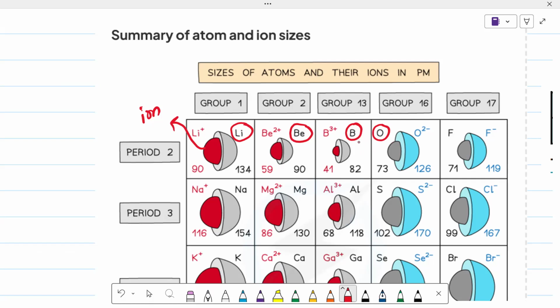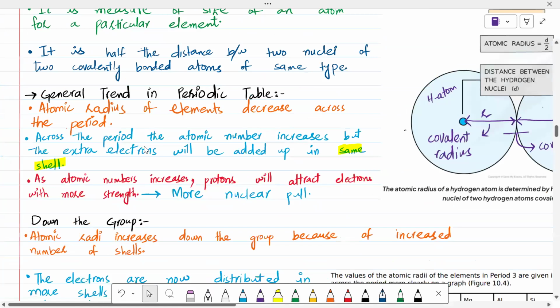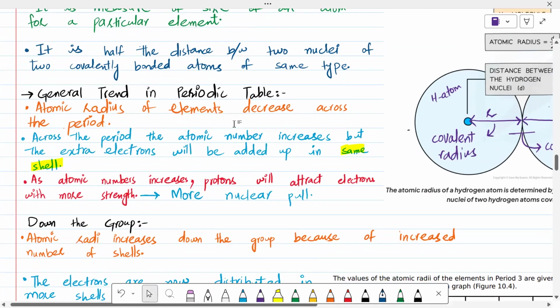We have discussed atomic radii across the period. It decreases. Atomic radii decreases across the period, isn't it?